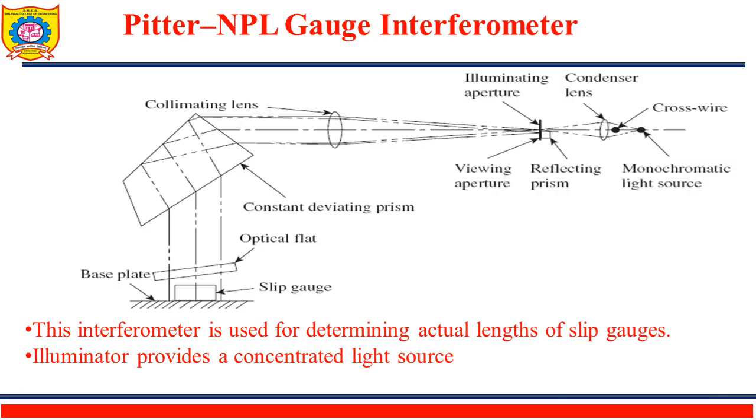The illuminator provides a concentrated light source, which is generally a monochromatic light source. A monochromatic light source is nothing but a light source having a single color. Mono means single, chrome means color. So single colored light is incident, and it is used in this NPL gauge interferometer.